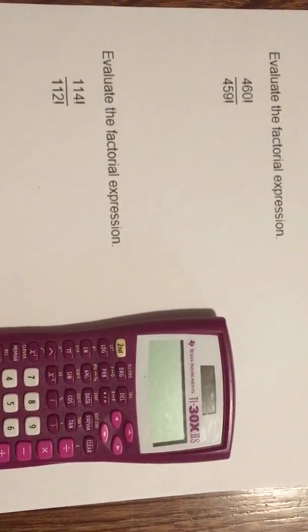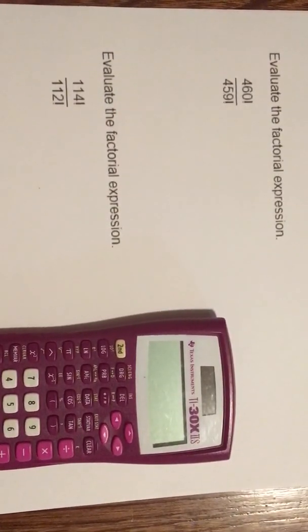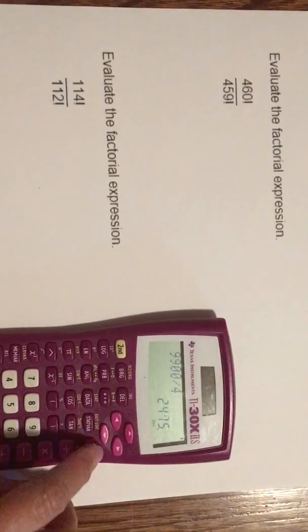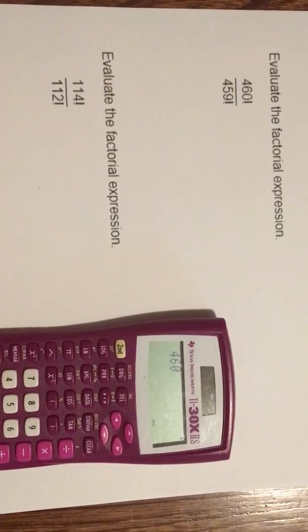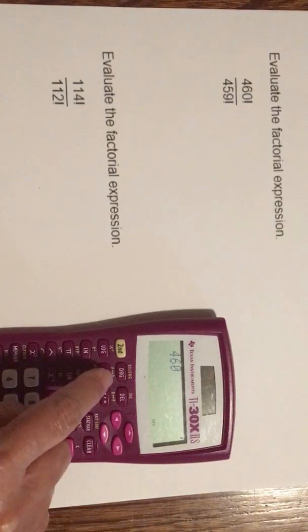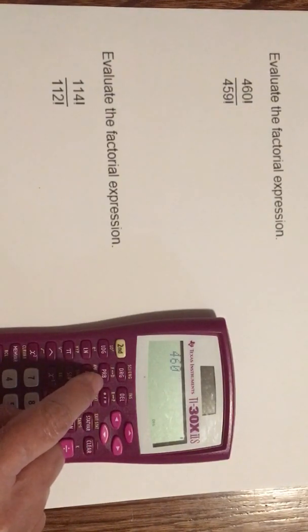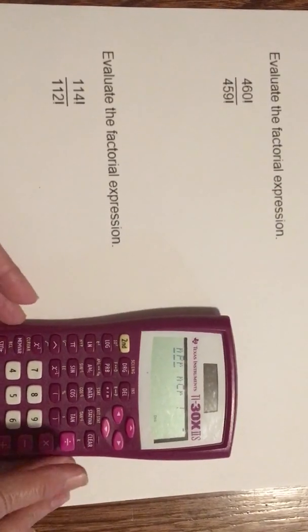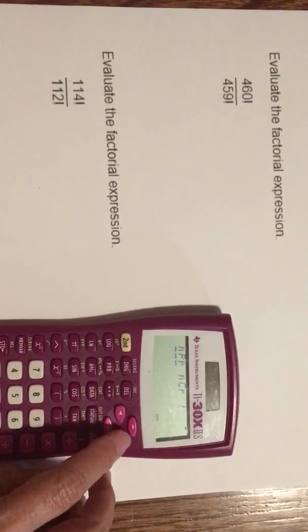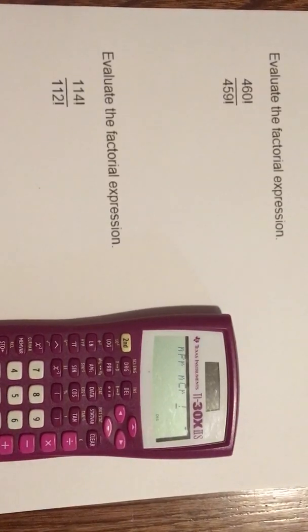Now this problem can be a little bit confusing because if you try to do this in your calculator, you're likely going to get an overflow error. So if I type in 460, press the probability key, that's the one with PRB, it brings up the probability menu, and I'll use the arrow keys to underline factorial, select factorial.